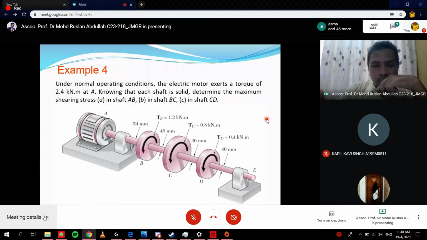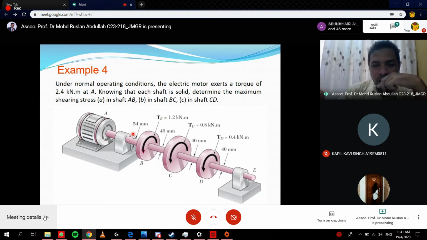That is the simplified formula, but you can use the general formula Tr over J. It doesn't matter. The first thing you have to know is the net torque in each section.